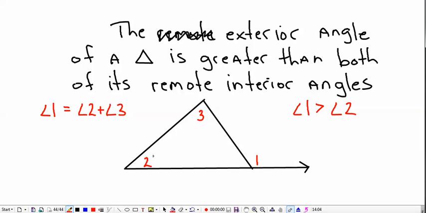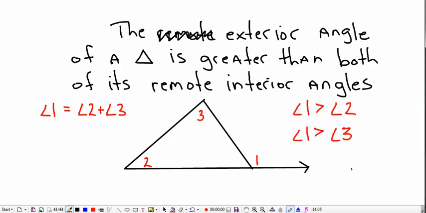If you have to add 2 to 3 to get angle 1, then 1's got to be bigger than 2, doesn't it? And angle 1 also has to be greater than angle 3. Because you had to add them together just to get equal to this one, he's got to be bigger than each of them individually. All right? Everybody okay with that?